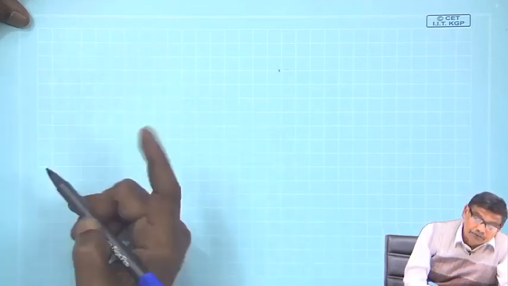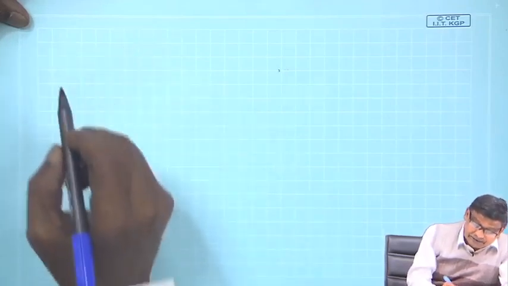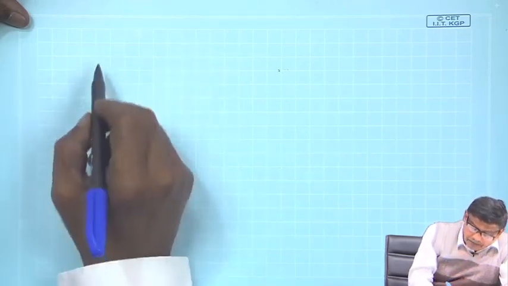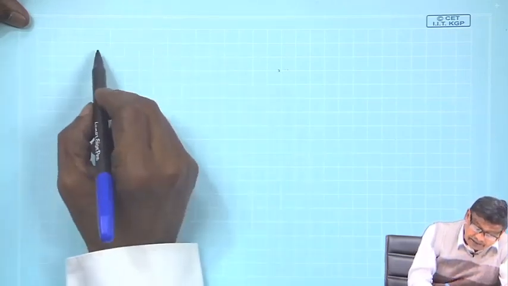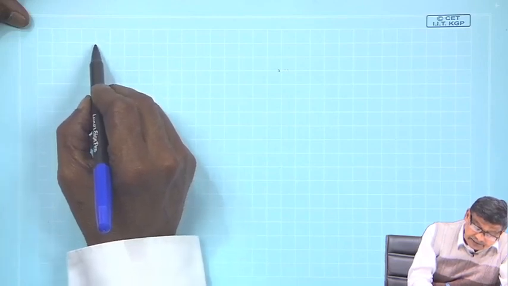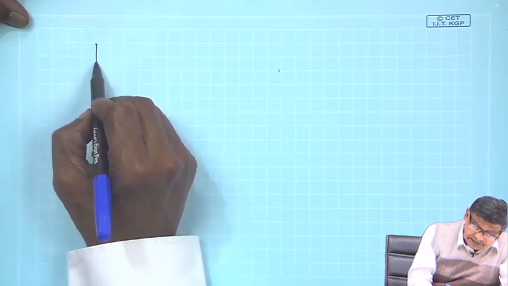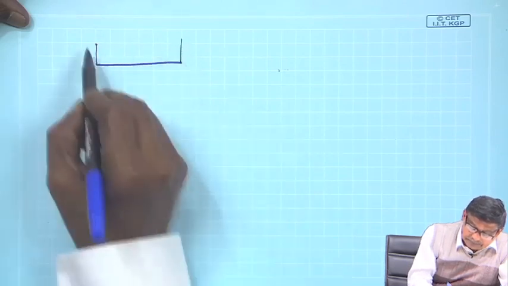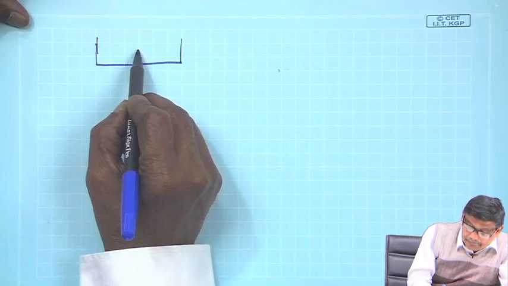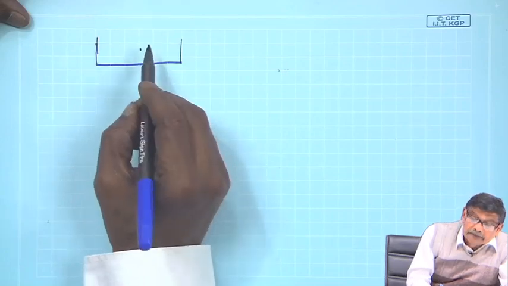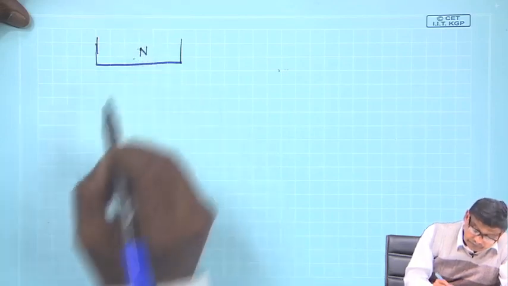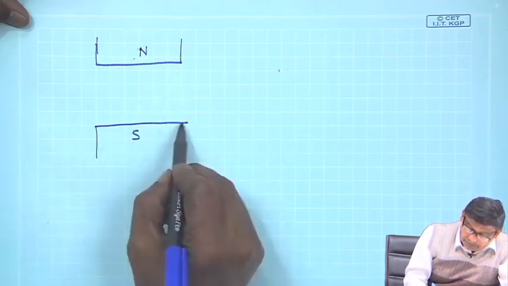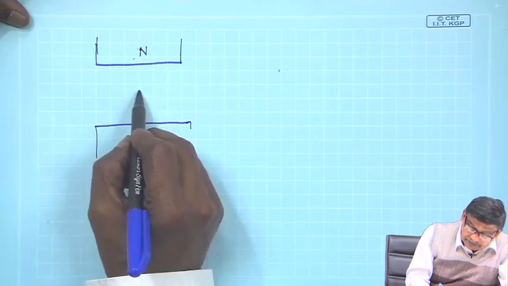I will henceforth indicate, for example, I can have a situation like this, that here is a magnet, say North Pole, and here is a magnet, say South Pole, and here is the conductor.